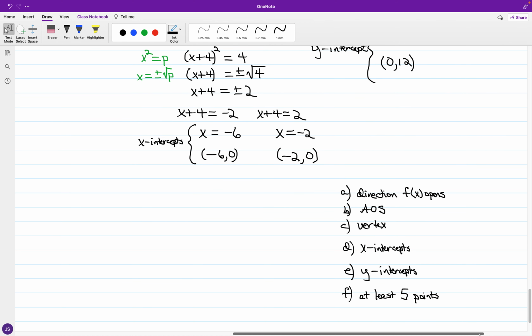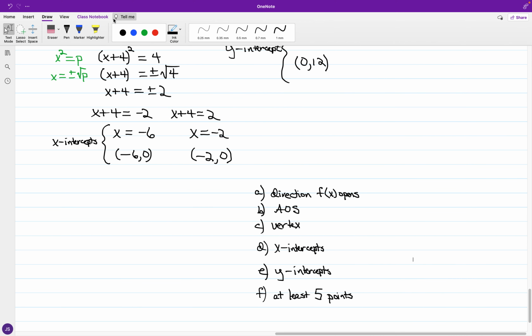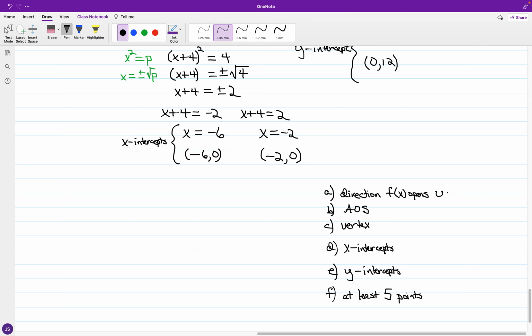Again, for the direction that the graph of the function opens, this is going to open up. Again, we had the axis of symmetry, that earlier was that x is equal to -4.